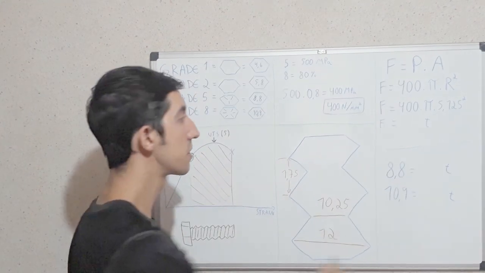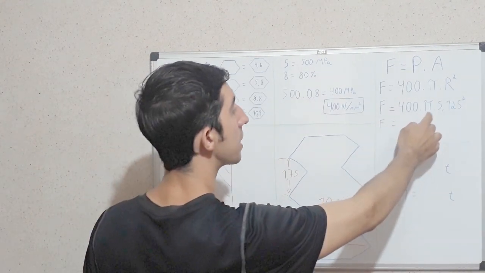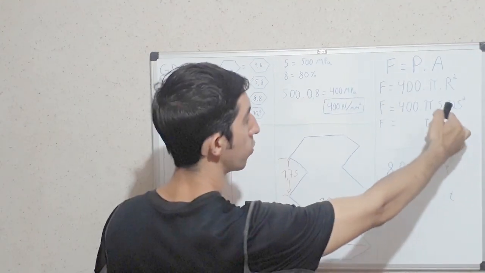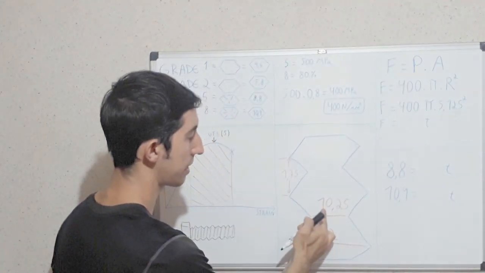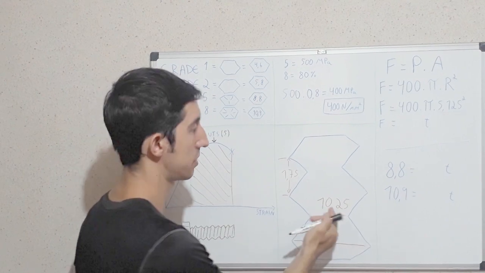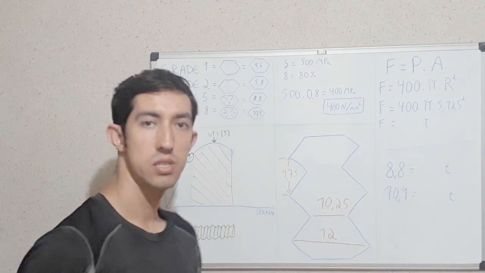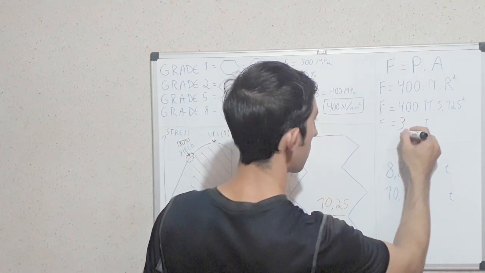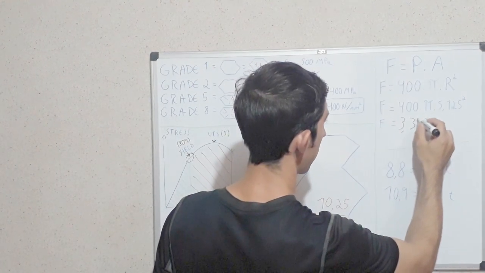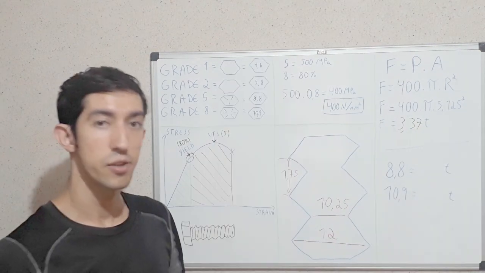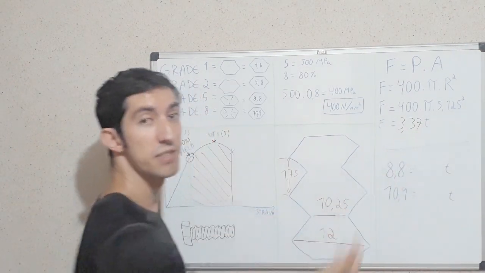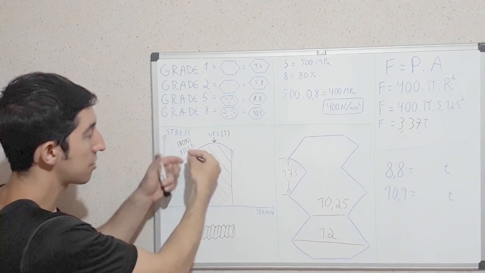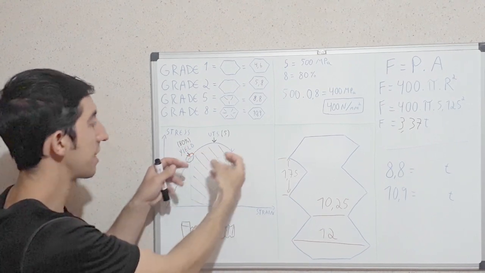So the force is 400 times pi times 5.125, which is the radius of 10.25, half of the size. So the result is that this bolt can handle 3.37 tons. After you pass 3.37 tons, which is this region here, the bolt starts to stretch and can break very shortly.